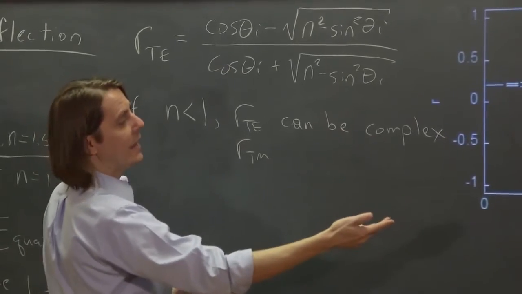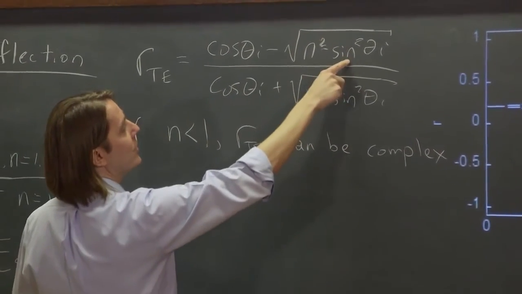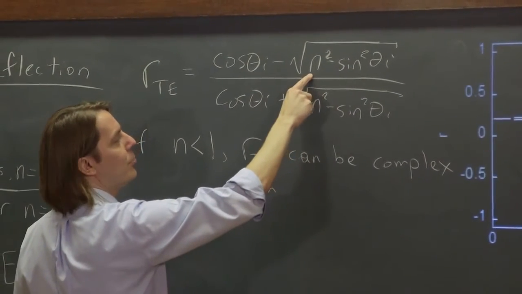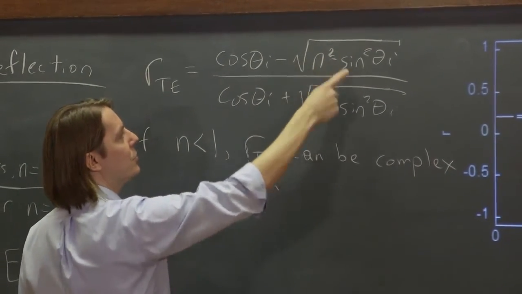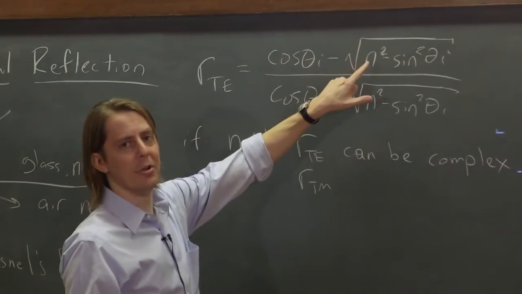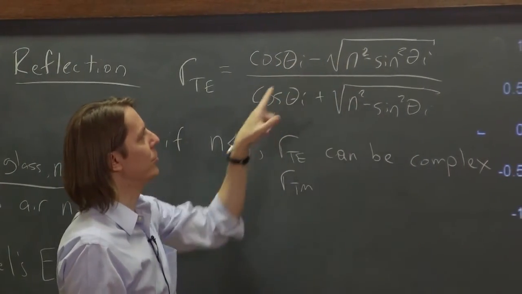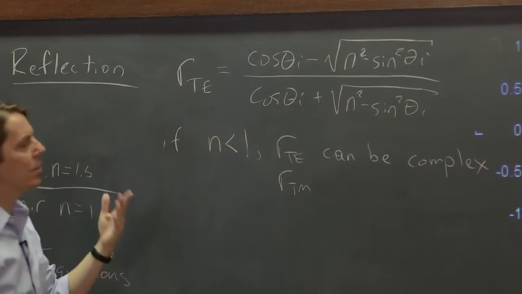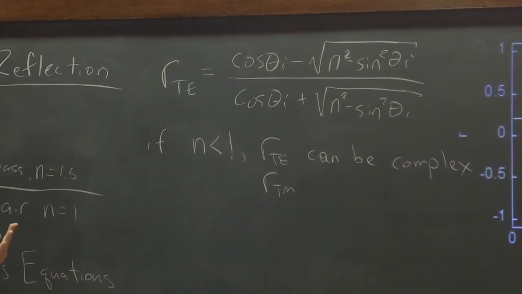So at 85 degrees, sine theta is 0.9 something. So 0.9 something squared, and if this is 0.667 squared, you can see we have the square root of something negative. So suddenly, we have an imaginary number here. We have real parts and imaginary parts. RTE and RTM become complex.